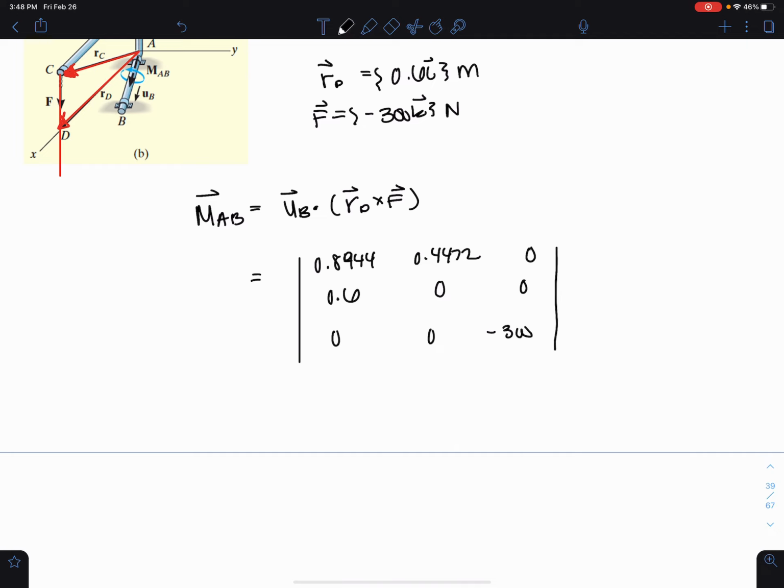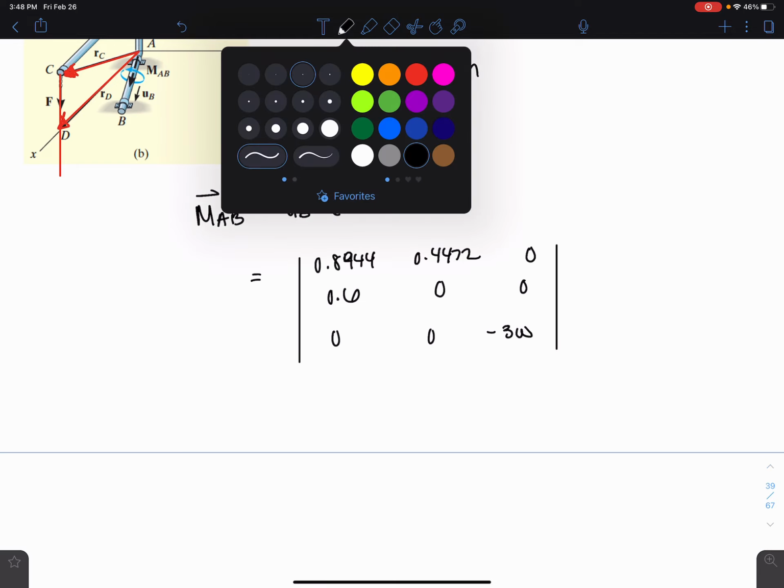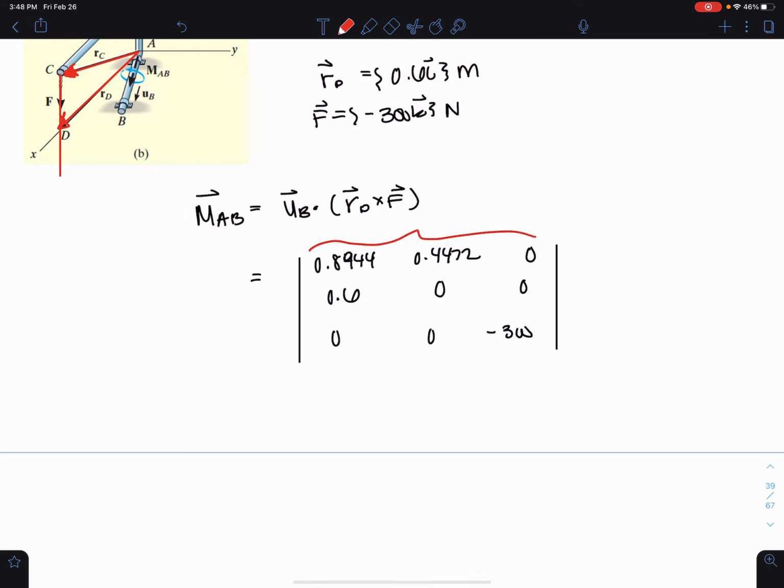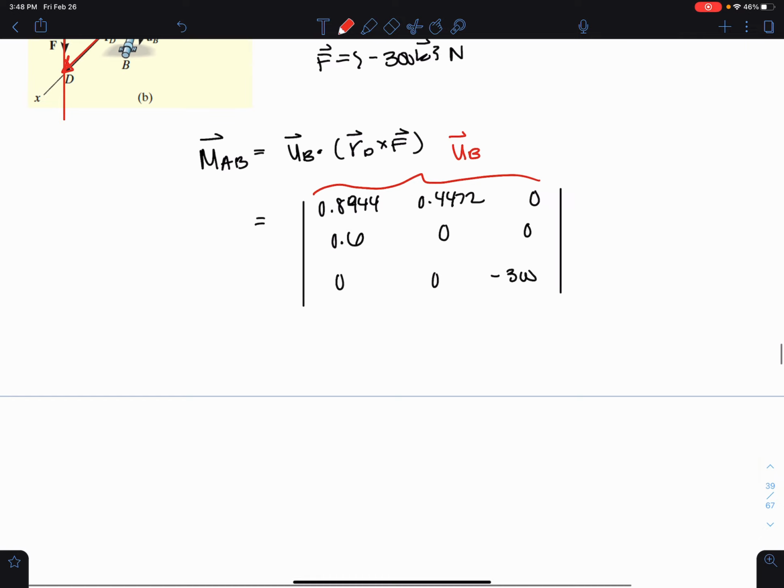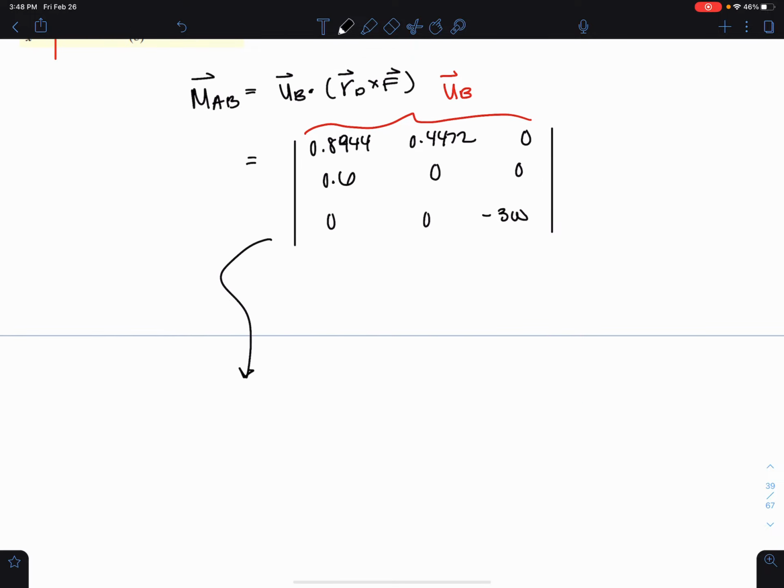And remember, when I want the moment about a different axis, I'm no longer going to put I, J, K here. Instead I'm going to put the unit vector components, because I don't want it in the I, J, or K direction. I want it in the direction of that unit vector at B.